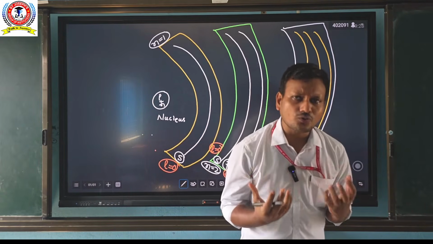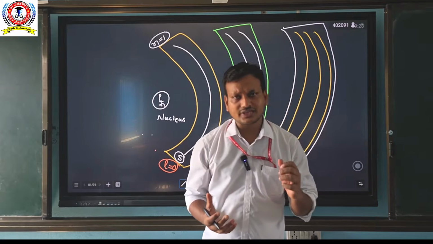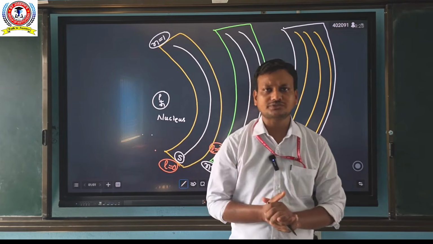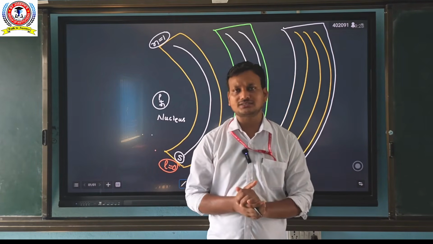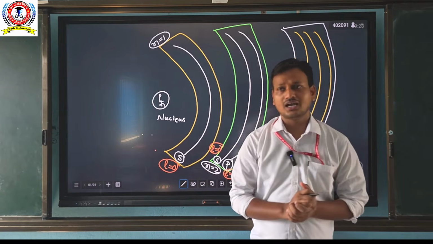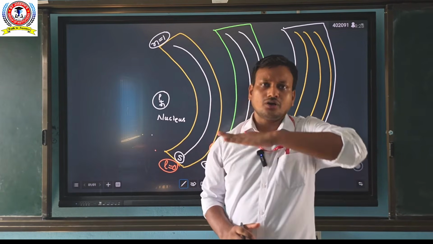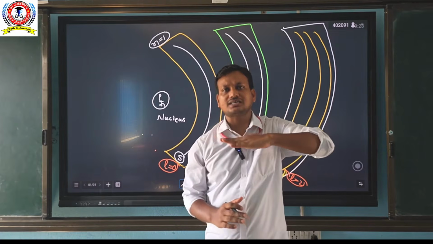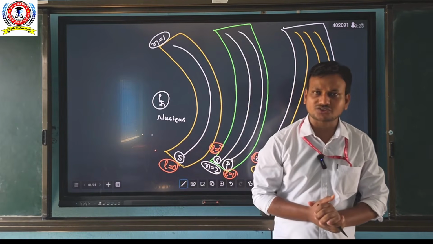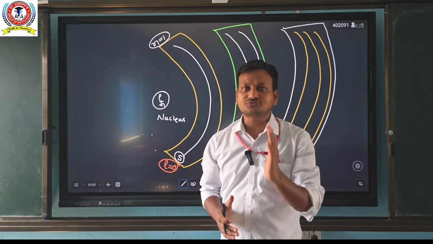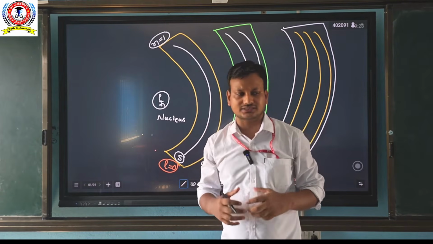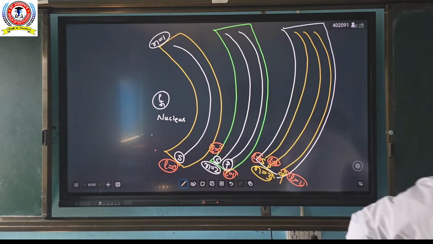Students, also we know that S subcell has 1 orbital, P subcell has 3 orbitals, and the orbitals are px, py, pz. If lobes are present along the x-axis, then we say this is your px orbital. Suppose lobes are present along the y-axis, we say this is your py orbital.